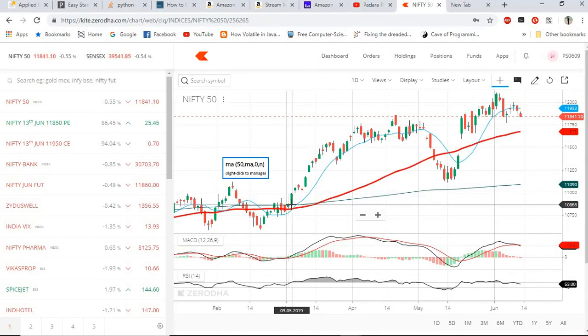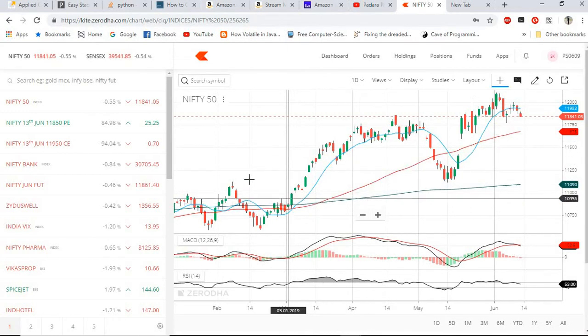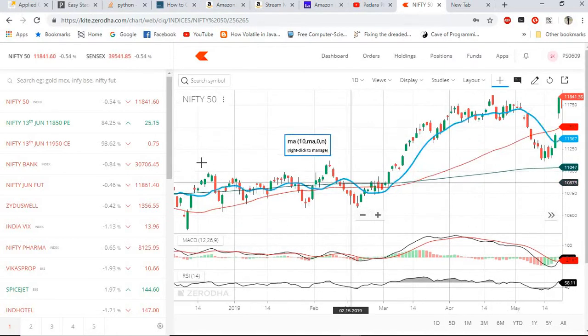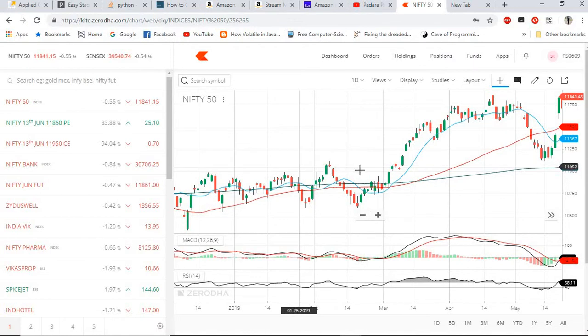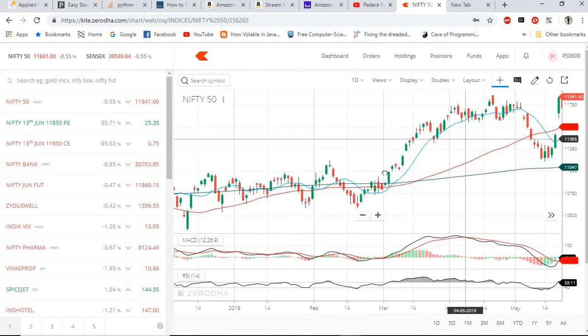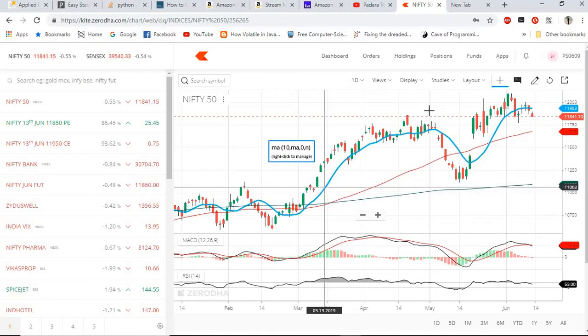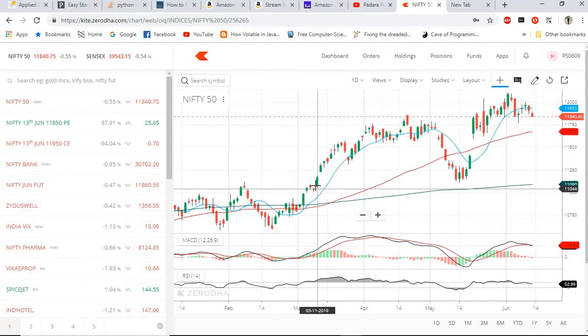So what's happening here? Actually, you can say this is the accumulation phase, but I'll explain that a bit later. Just assume this is the accumulation phase, after which there was a nice breakout. In simple terms, the accumulation phase is the phase where people are adding up on stocks, piling up whenever there is a dip.